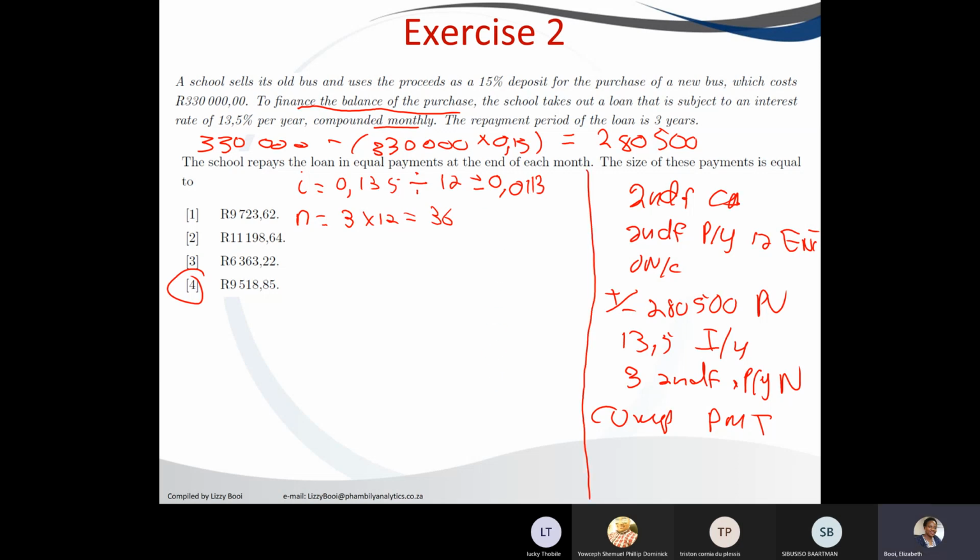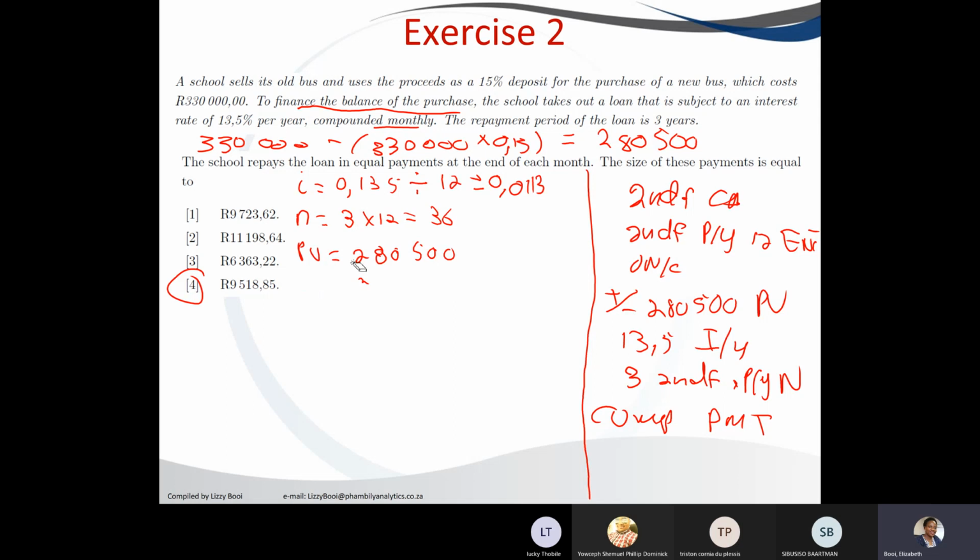113. And our present value, we've calculated it, is 280,500. And we know that it's compounded 12 months. So we just substitute into the formula.